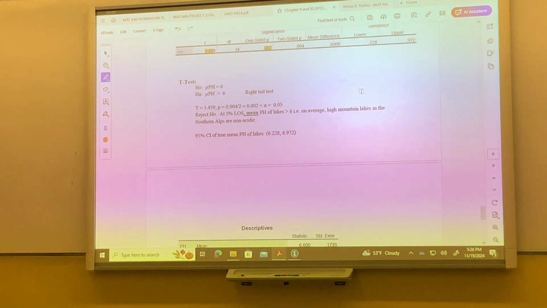So the format of your project report is going to look just like this demo report. You'll copy and paste what you need, you write all your tests like this in the context of the data. It should be complete: pair of hypotheses, test statistic, p-value, compare with alpha, decision, conclusion.